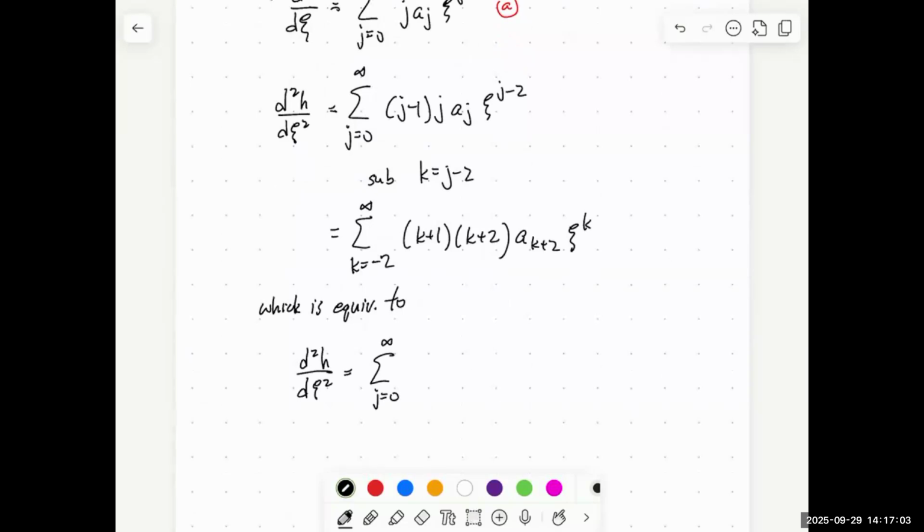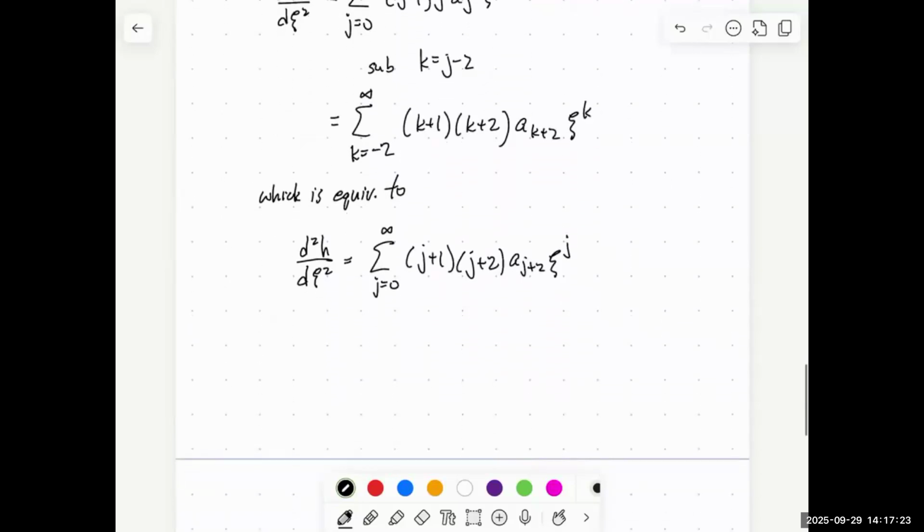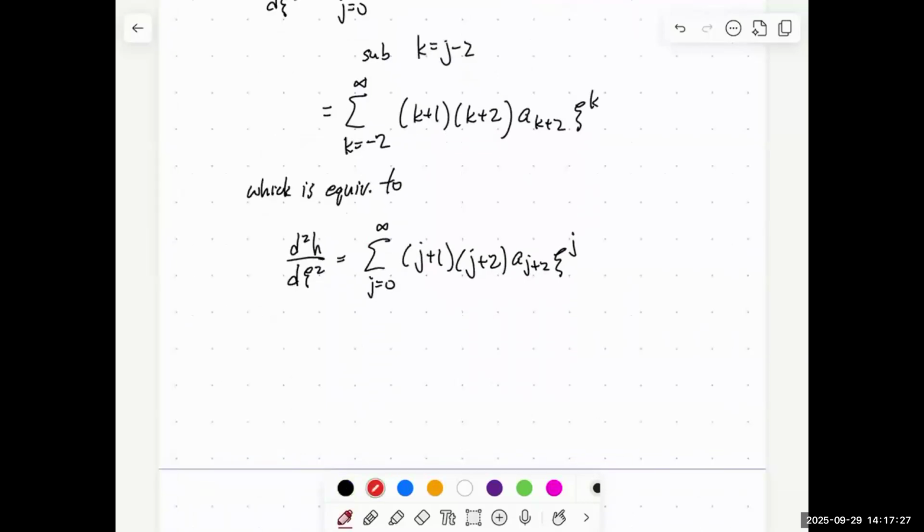And so we end up with j plus 1, j plus 2, a_(j+2), z to the power j. And I like that now. I don't have the minus 2 here. I have just powers, z to the j. All right. So this is what we're going to put into the equation.